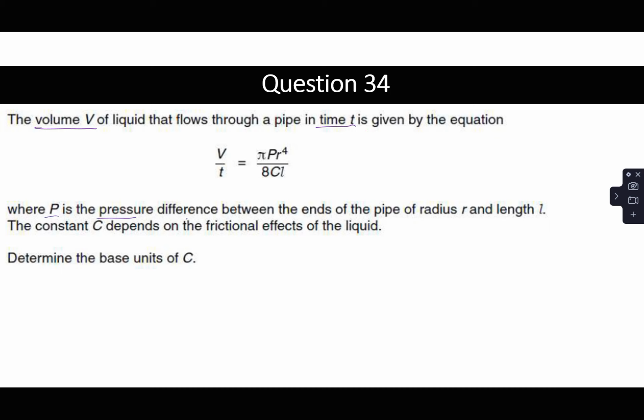P is the pressure difference between the ends of the pipe, radius r, length l. The constant C depends on the frictional effects of the liquid. Determine the base units of C. So straight away I'll make C the subject.